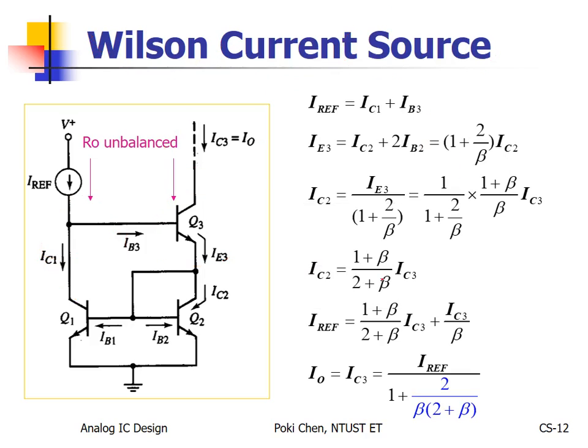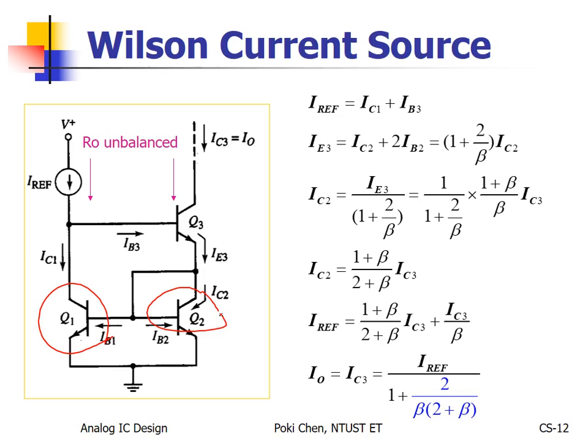I told you, even Q1 and Q2, you do your very best to match them. They are almost the same. I cannot say they are exactly the same; for analog IC designers, nothing will be exactly the same. Even though you do your very best to make them almost the same, what's the impact on your current mismatch? One is beta. The other one is the Early effect, according to your VCE, right?